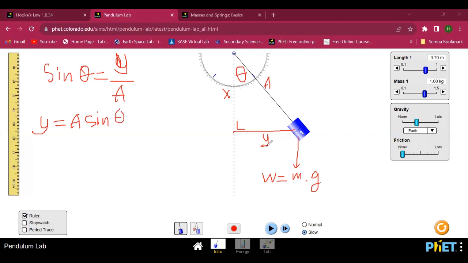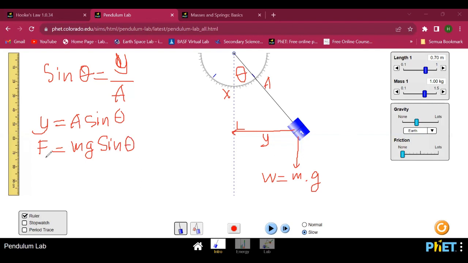If a is the restoring force, because this is the restoring force direction, we can write F, the restoring force, equals, and if a is m times g, it becomes F equals m times g sine theta.